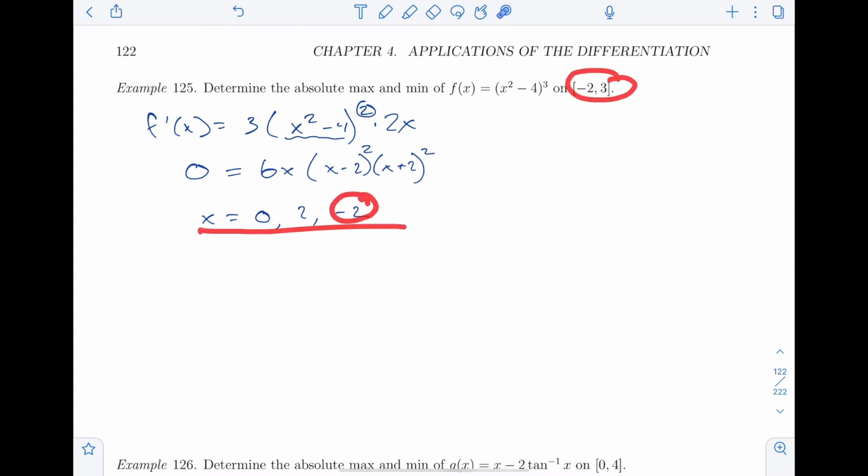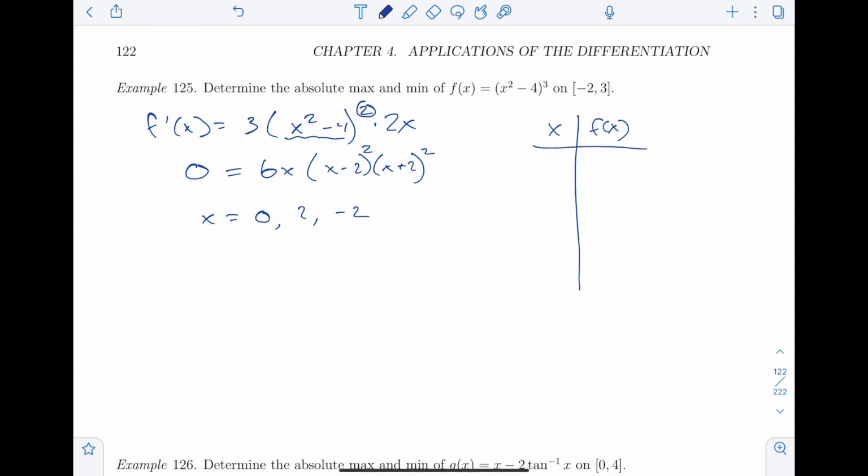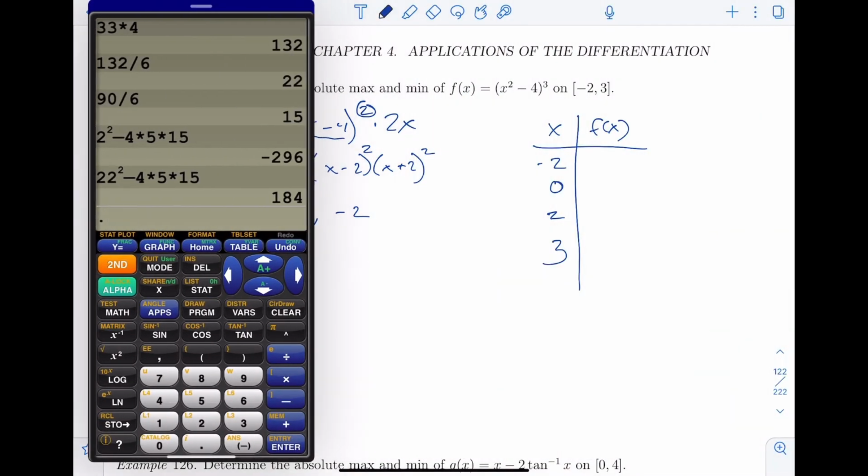One of them actually happens to be an endpoint, which I'm perfectly fine with because it saves me something to plug in. And so I'm going to plug in all of those x's. They are -2, then 0, then 2, then 3. So 4 things to plug in here.